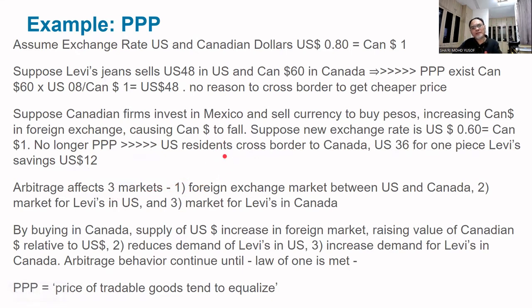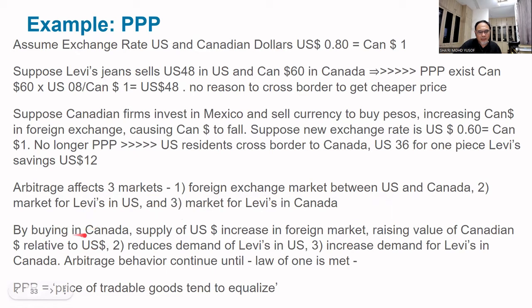Because Canadian dollars have reduced in value against the US dollar, the first market affected is the foreign exchange market between the US and Canada. Then the market for Levi's in the US, the goods market in the US, and the Levi's market in Canada are also affected.